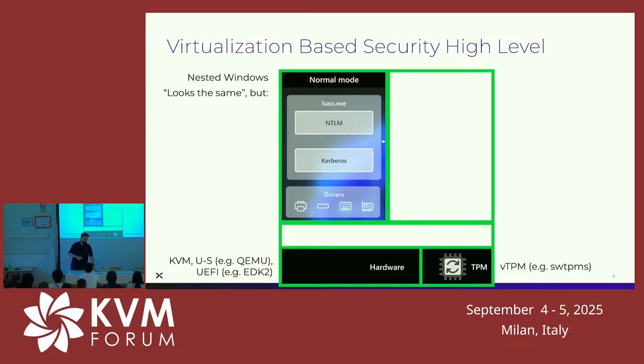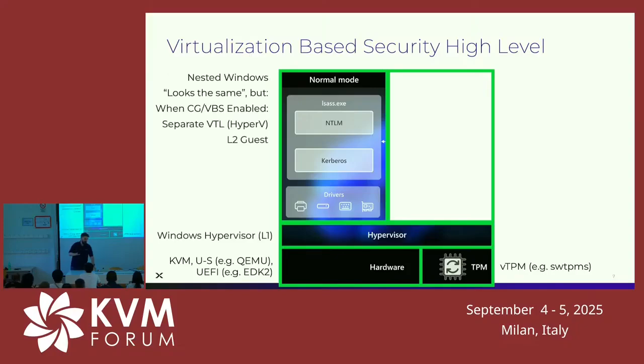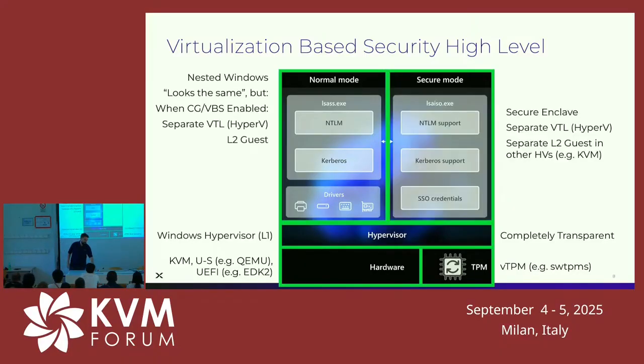But when you reboot, it looks the same, but when it comes back up, it is transparently enabled Hyper-V and put what you would normally connect to into its own L2 guest and what's called a separate virtual trust layer, like VTL0 or VTL1. The other one's VTL1 or 2, I can't remember. But either way, it gives you this other L2 guest that's doing these services for you, like Credential Guard, like the driver integrity signing stuff.